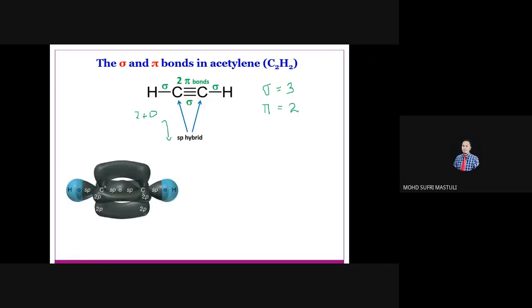So the carbon-carbon sigma bond is formed by sp overlapping with sp, and each hydrogen is s overlapping with sp.